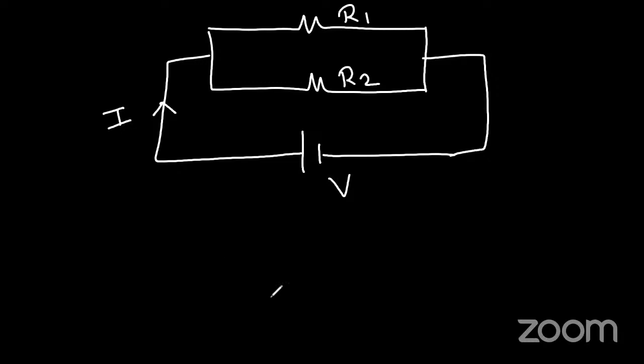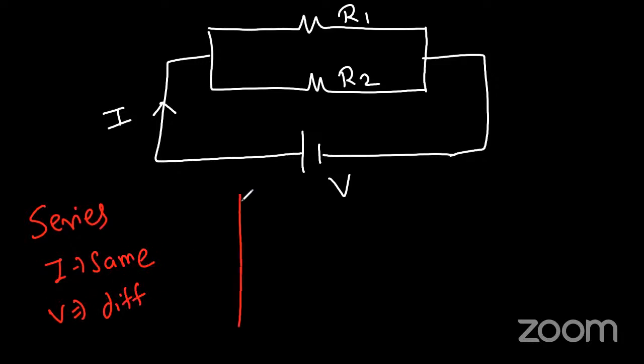Now what is the next concept? The concept says, see, series में क्या था? The current is same and voltage is different. लेकिन parallel में concept क्या होगा? Totally reverse. The concept will become totally reverse, 180 degree. The current is different. Each current is different, and voltage क्या होगा?